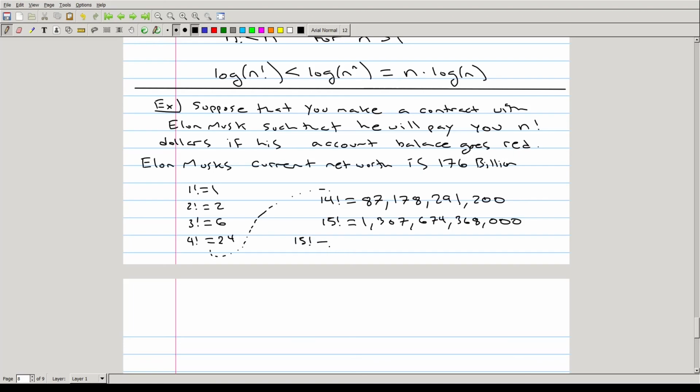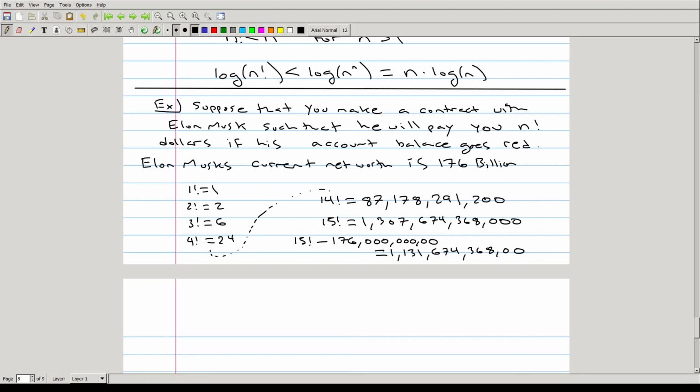He goes into the red by 15 factorial minus his net worth, which is 176 billion. Or he's going to owe you 1,131,674,368,000.